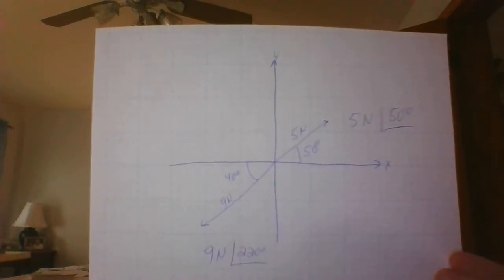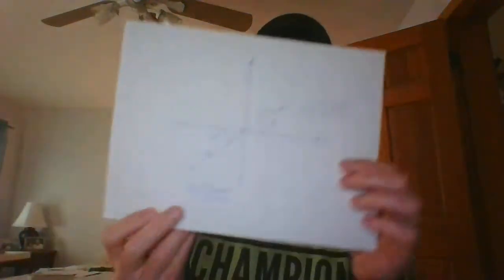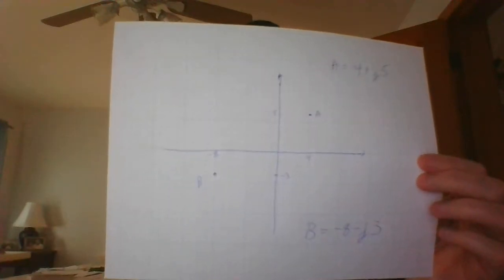The key for using my method is if you need to multiply or divide, which we don't do too much in mechanics, but you do a lot in AC circuits, that's where the slides came from, then you want your numbers in polar form. If you're going to add or subtract, which is really what we're going to do a lot of in mechanics, you want your numbers in rectangular form.